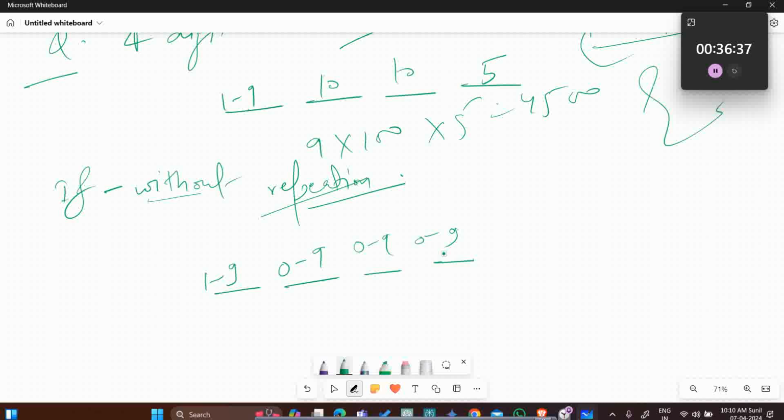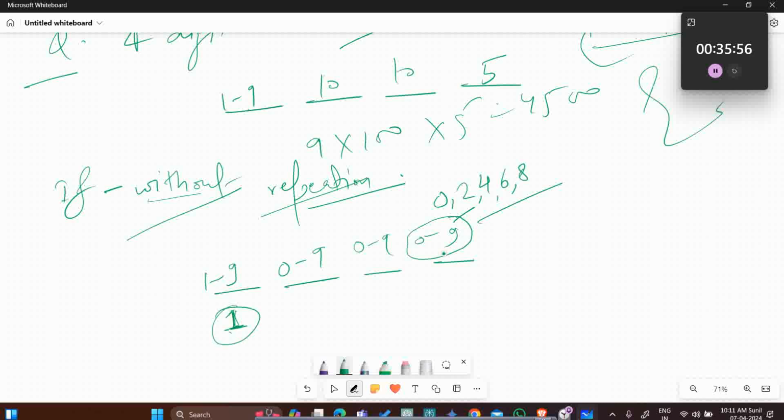But we only need even numbers, so this restricts us to the 0, 2, 4, 6, and 8 options. These are the only choices, 5 choices here. But there is no repetition. So if we fix, let's say, 1 here, there is no repetition.